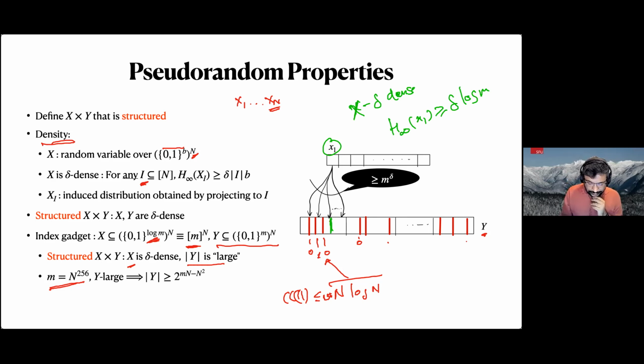Because the min entropy is this much, there must be at least m to the delta different values for that particular x1. Since m is very large and delta is not that small, m is something like n to the 256 and delta is something like 0.9, this is much larger than n log n, right?